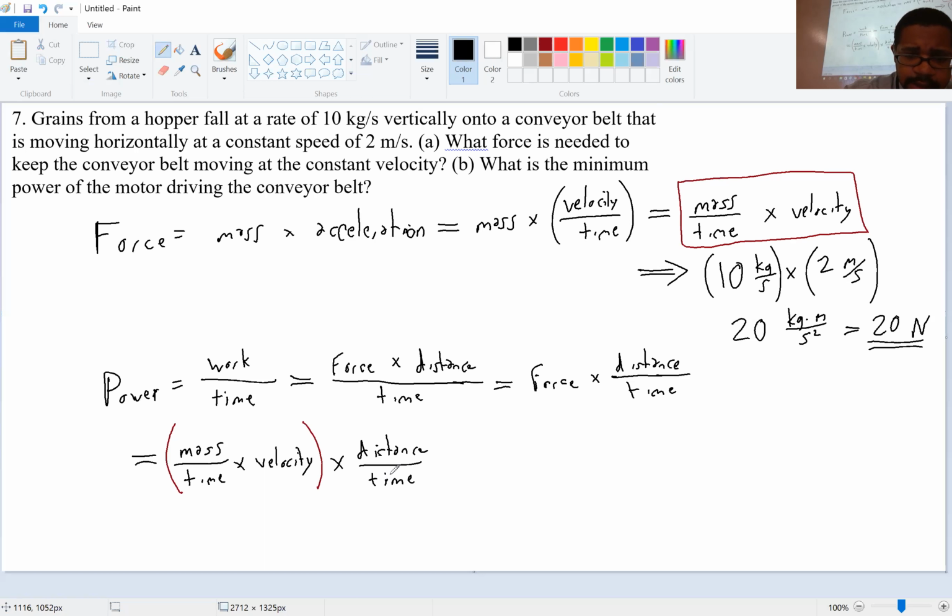And as it turns out, distance over time is velocity.